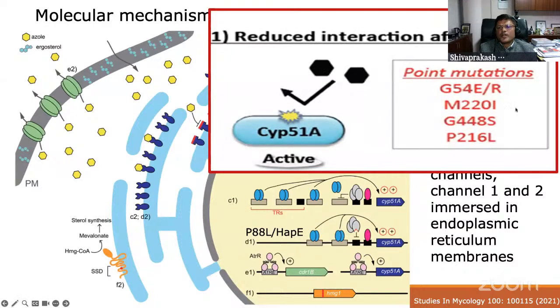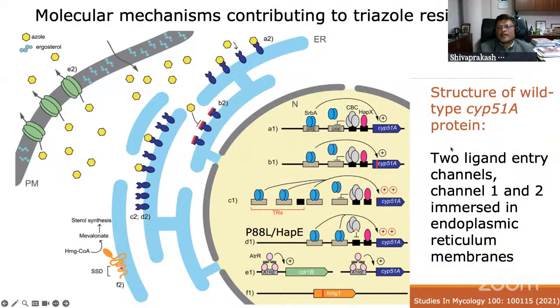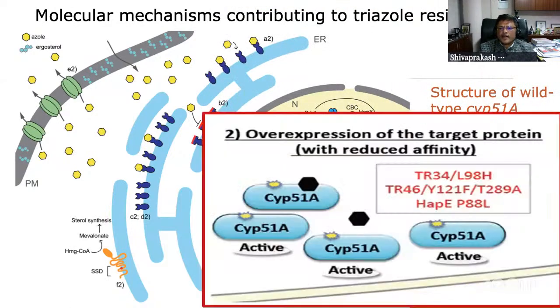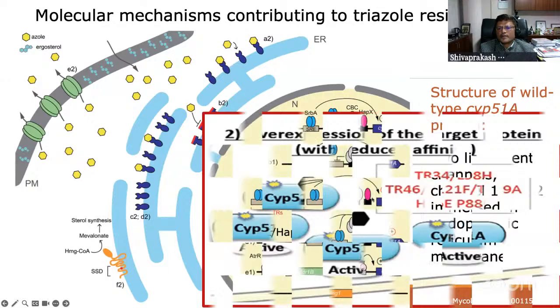Many other point mutations have also been identified in CYP51A, leading to decreased affinity for the antifungal, and as I said, also overexpression of the protein.